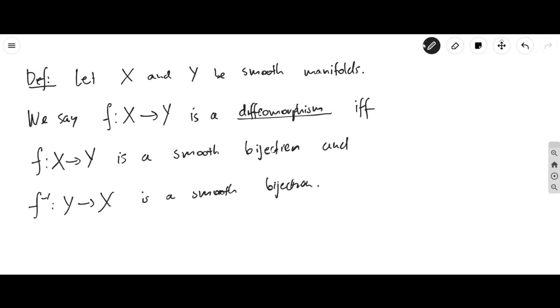Well, there's no need to say bijection again because it's definitely going to be a bijection, but the inverse map is also smooth. It's just like when we say a homeomorphism, but now we're replacing homeomorphism by the word smooth.